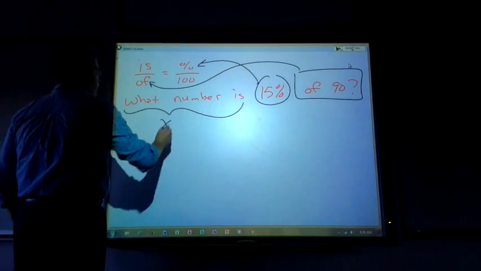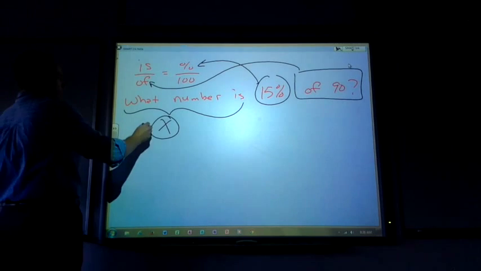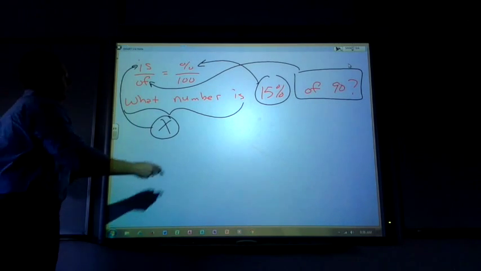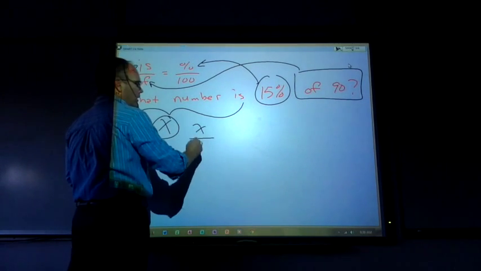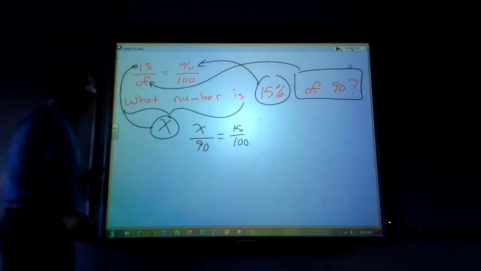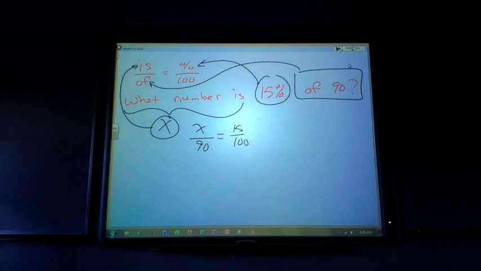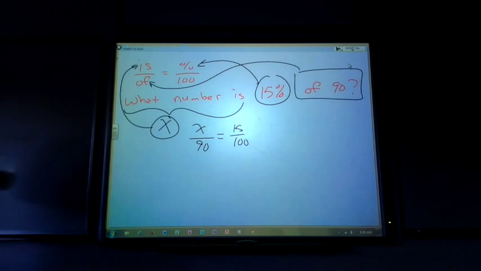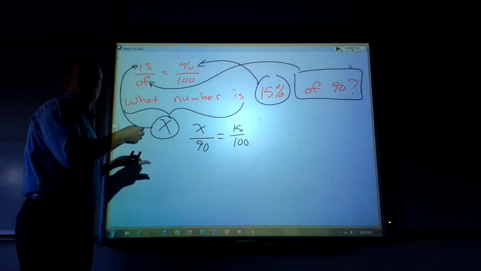Then I'm going to use the variable x, or whatever variable you choose, for is in this case. So this becomes x over 90 equals 15 over 100. Okay? Cross multiplication.